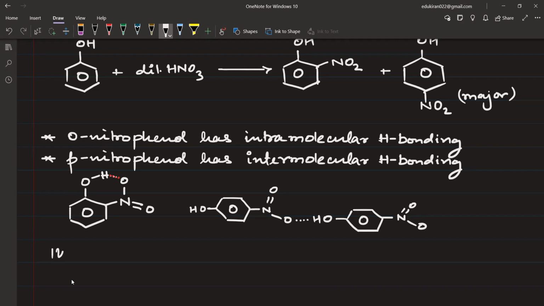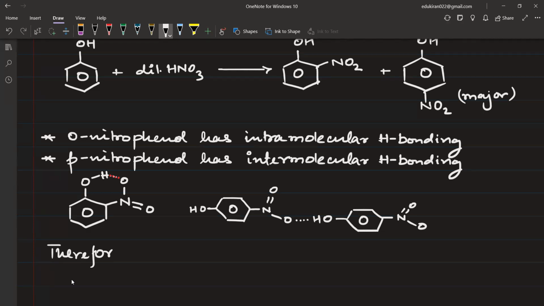Therefore, the molecules of O-nitrophenol have intramolecular hydrogen bonding. That means they are not having any attractive force with any other O-nitrophenol. Between two molecules of O-nitrophenol there is not that much attraction, while between P-nitrophenol molecules there is attraction.